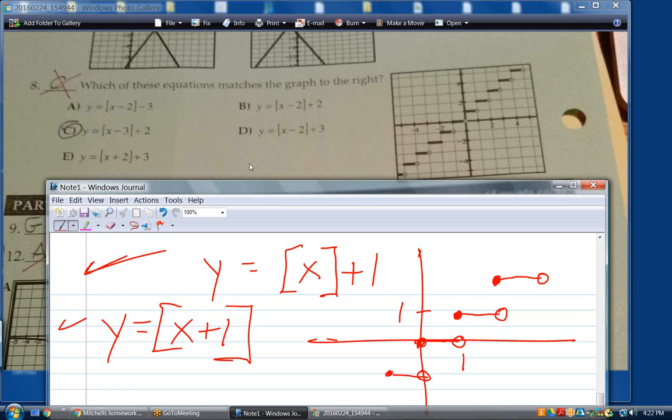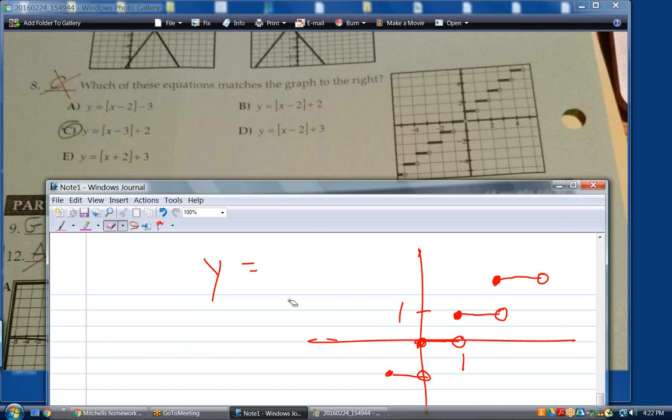D. Okay, let's test D. And like I said, these are a little tough, but first of all, what would this part of D look like? That would mean I would take the function below here, and I would move everything 2 units to the right, correct? Yeah.